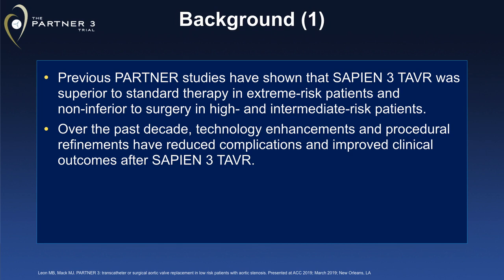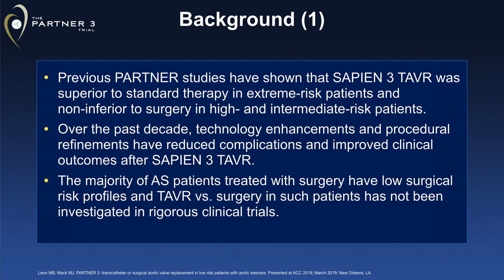The procedure itself has been refined, and therefore complications from TAVR have been reduced and clinical outcomes have improved. However, these studies showed that TAVR is good for non-surgical patients, and patients that are high or intermediate risk, but still the majority of patients we send for aortic valve replacement are low risk. So the question becomes, can we use this technology on low-risk patients?